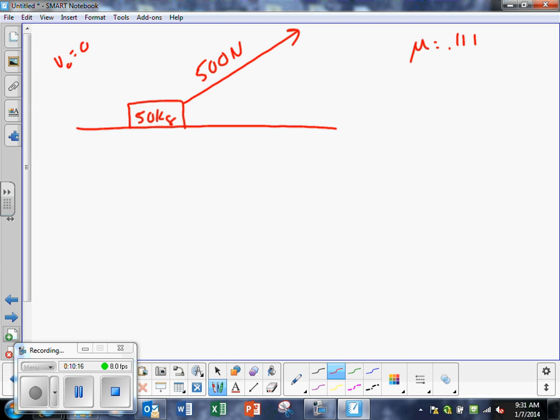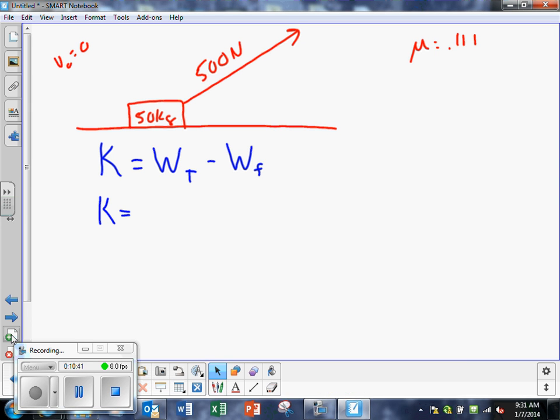So my formula would be my kinetic energy in the end is equal to the work provided by my tension minus the work that friction does. You agree with that? Okay. So here's the new thing.